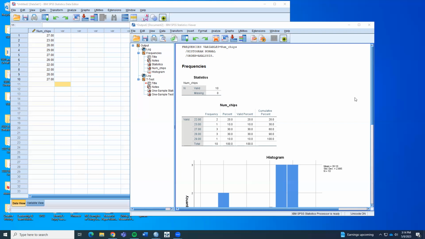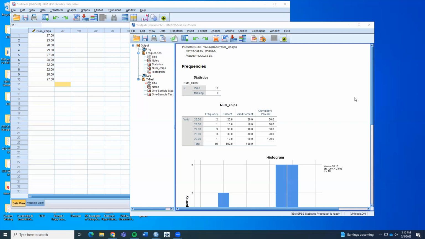So in step 1, we determine the statistical test that we're going to use. First, we need to begin by knowing that a regular bag of Chips Ahoy cookies has 36 cookies. So we are going to divide 1,000 chocolate chips by 36 and get an average of 27.78.